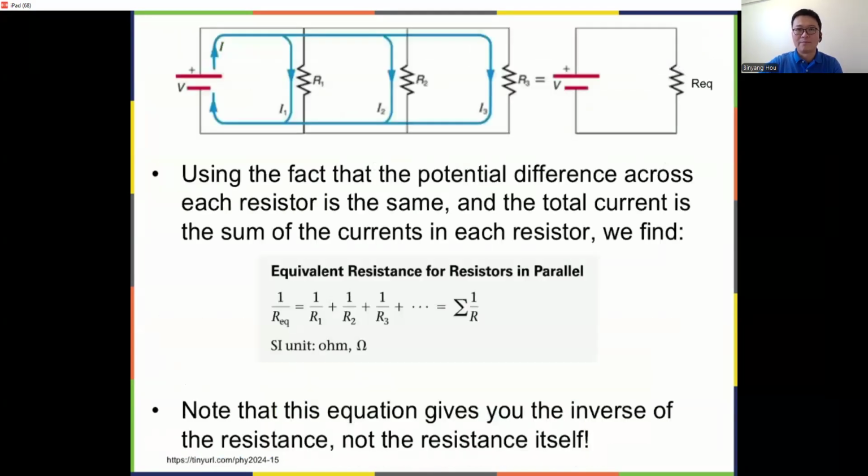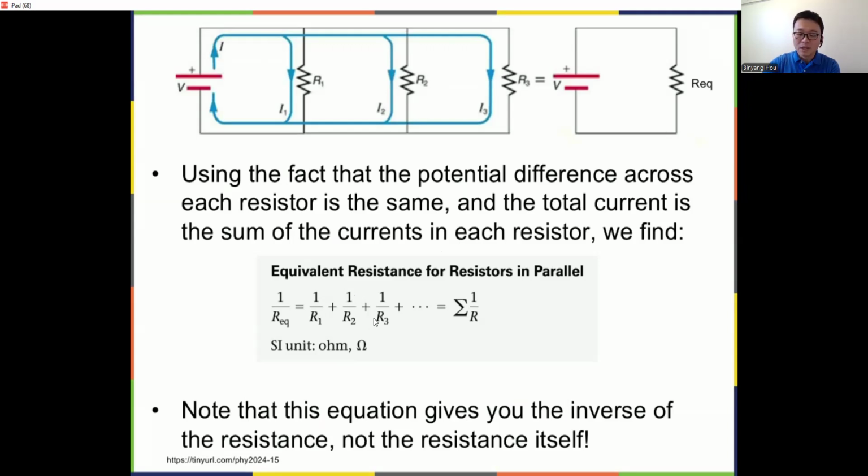And if they are in parallel to each other, then this is similar to capacitors in series, where you take the inverse of each resistor's resistance, add up, and then do the inverse again at the end to find the equivalent resistance of the combination.